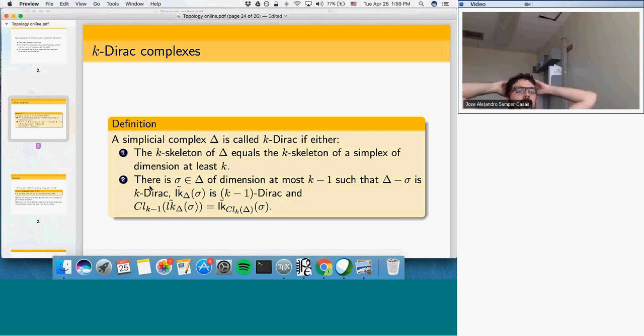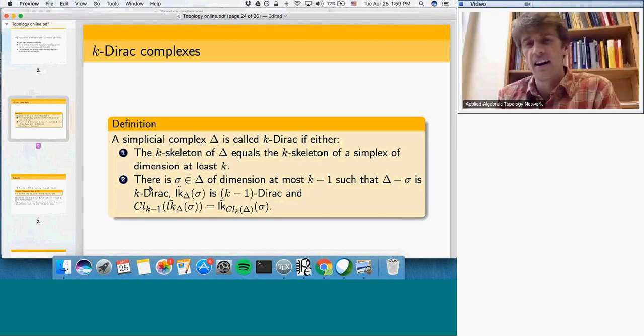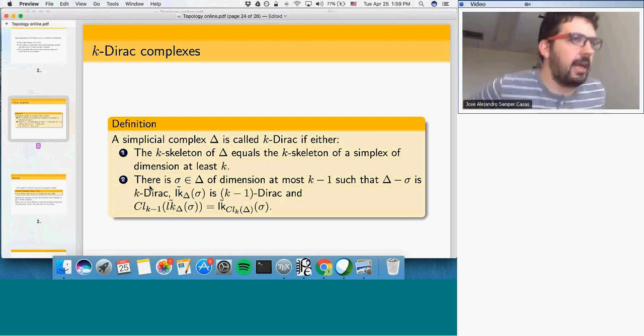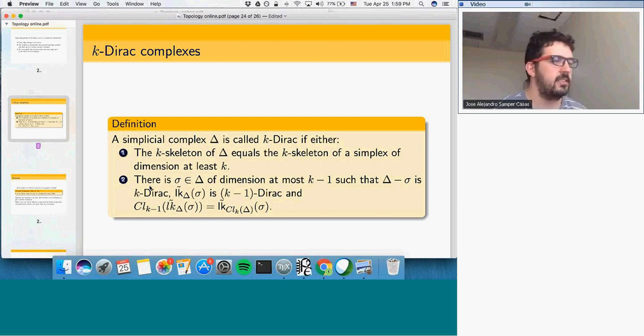If you have all the homotopy groups vanishing, then a lot of things from the homology would probably carry over. Working with homotopy groups in combinatorics is hard, so I don't really know how to do it, but I know that in certain instances you can do stuff.